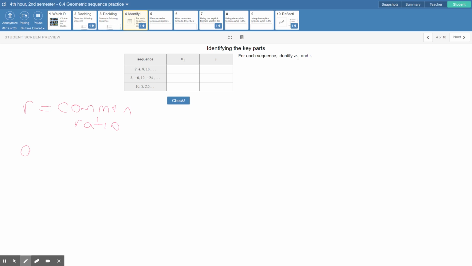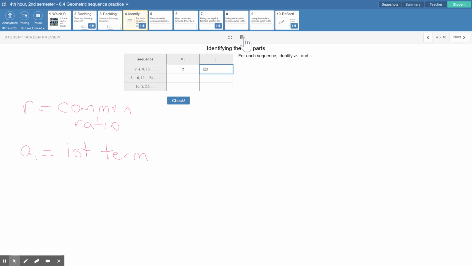The a sub 1 is going to be the first term. So in this sequence, in the first sequence, the first number is 2.